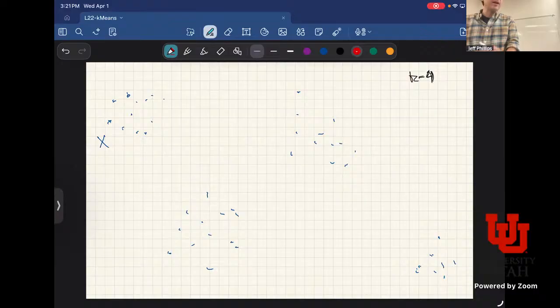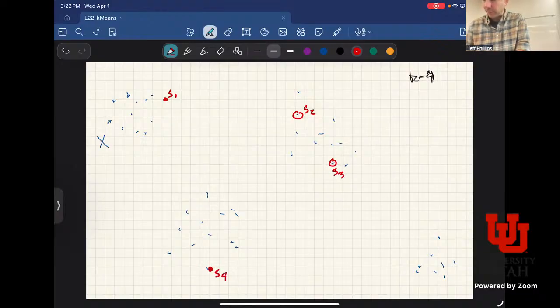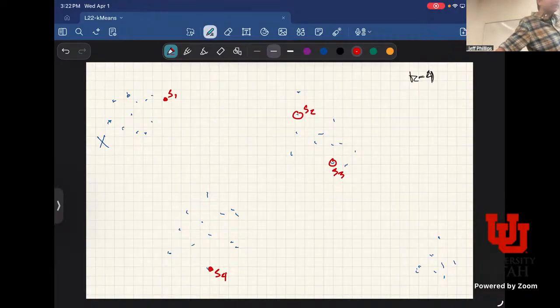I'm going to pick 4 sites. This will be S1, this will be S2, this will be S3, and this will be S4. These are probably not the right sites, but we want to see how this algorithm will work when we run it.